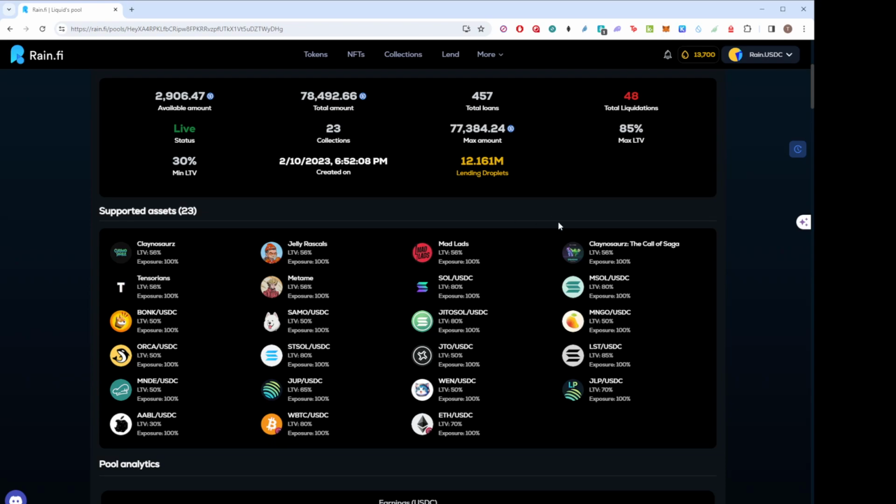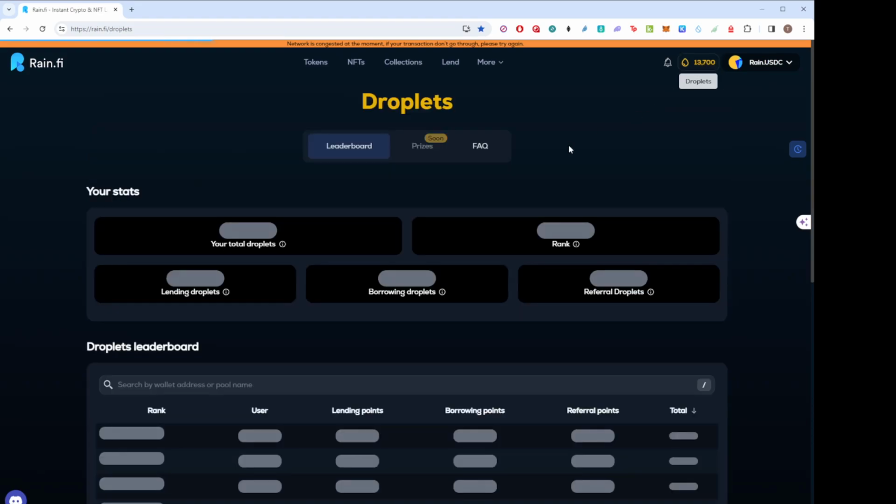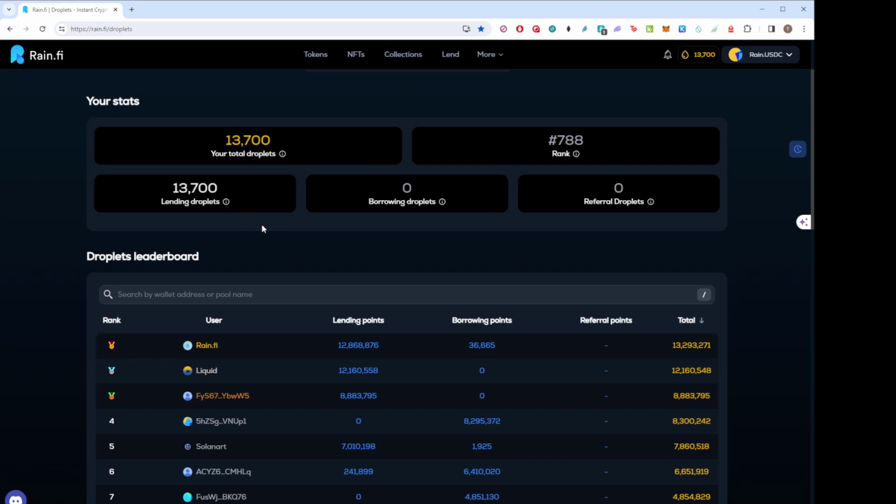So yeah, I would definitely get on this. There have been a few more people join. I go to rank, another 400 have joined in the past, I'd say probably a week or so. So I would get in there and start farming this early, because I'm quite new and I've already got 13,000, and Rainfire is their biggest.